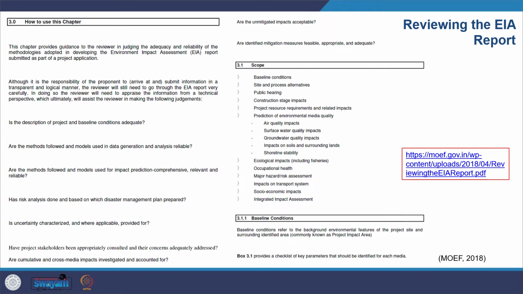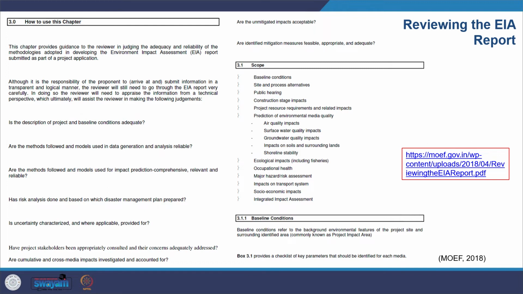You can see some of the checklists here. This document also, we are providing you the link, and also through the discussion forum we will be sharing this. And then how the sites, process, and alternatives have been discussed, what kind of drawings and details have been given, and what the preferable scales are. All those have been mentioned, and they are available for the reviewers to see.